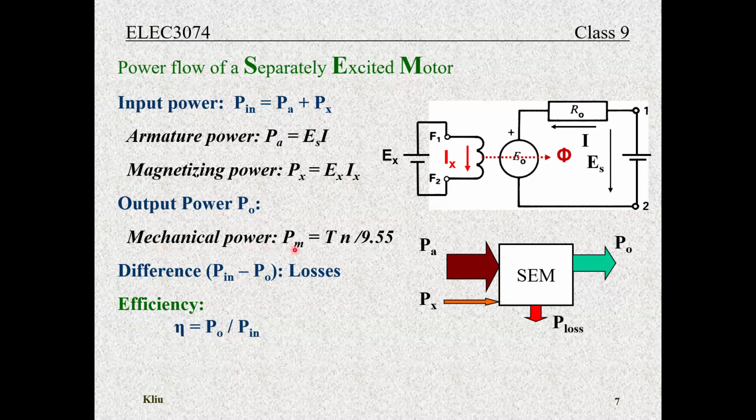So the mechanical power, remember that formula that I am asking you to learn so you have it as part of your DNA? Torque times speed divided by 9.55. Torque is in Newton meters in this case, and the speed is in rotations per minute, RPMs.